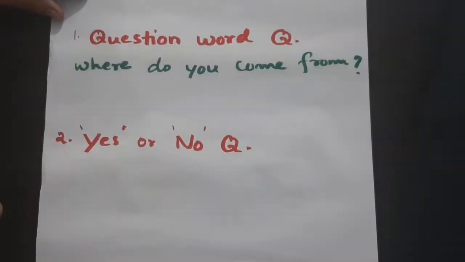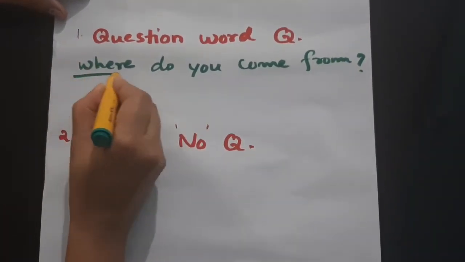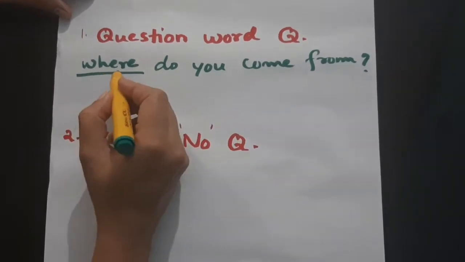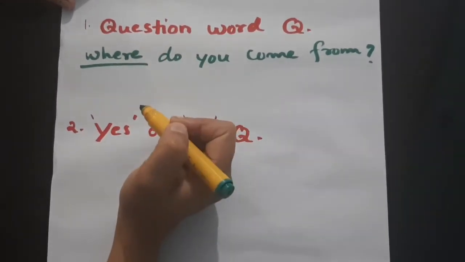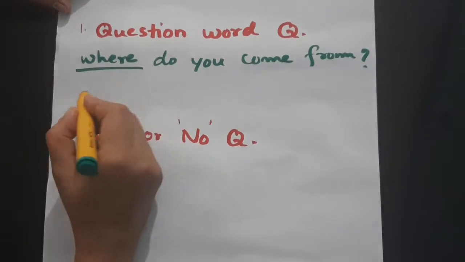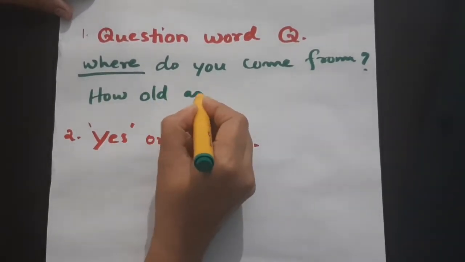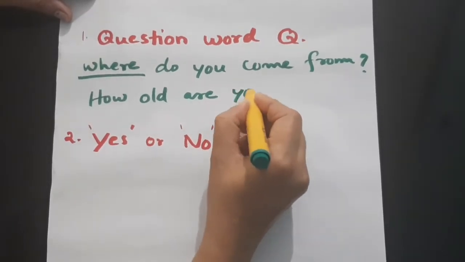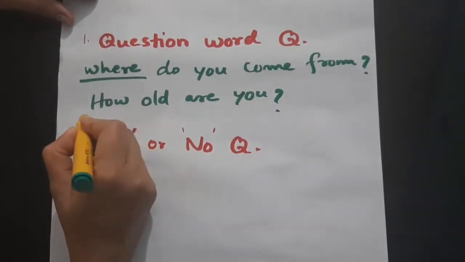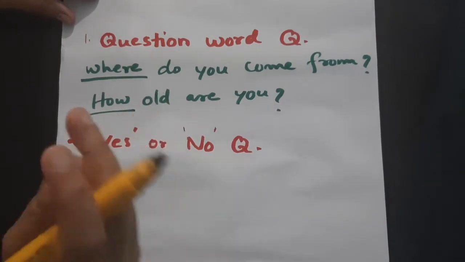This is a question, no? So this starts with a question word, that is, where. Another one, how old are you? This is also another question, start with a question word.